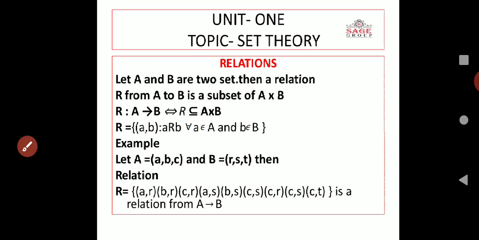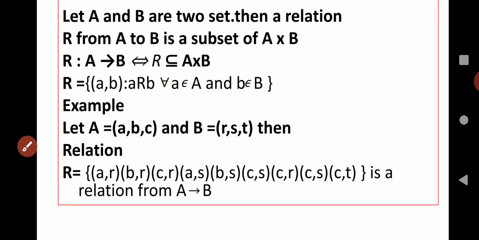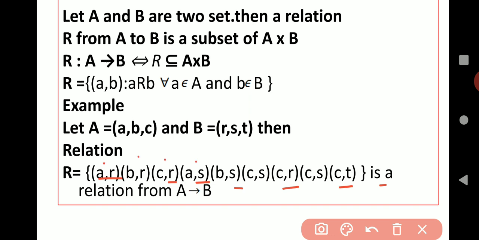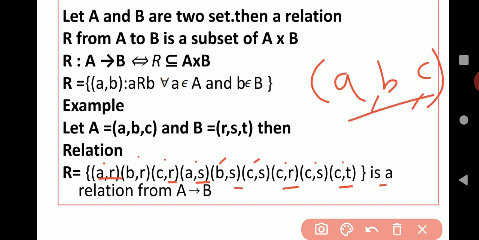example, in the last slide we saw these relations. So the first components of all the ordered pairs, that means here a, b, c, again a, b, c, then c, c, c, these are the domain.